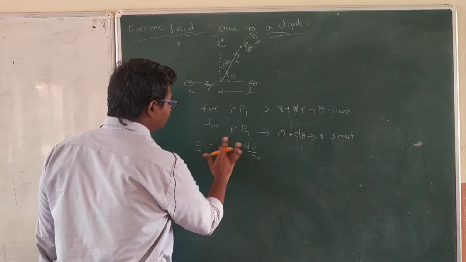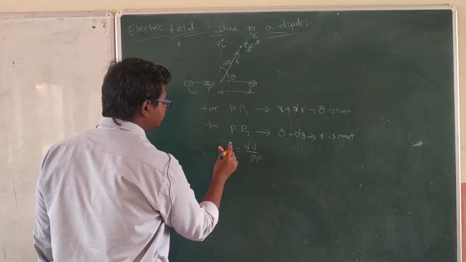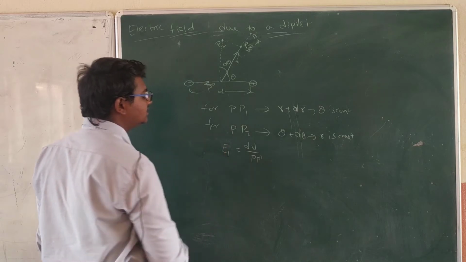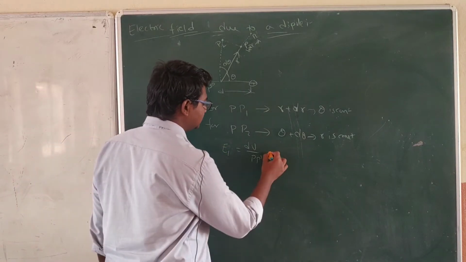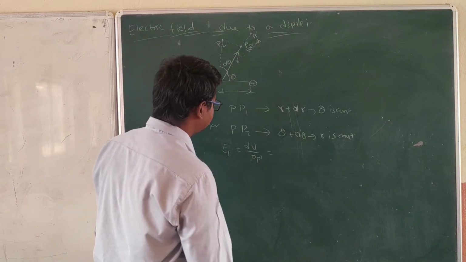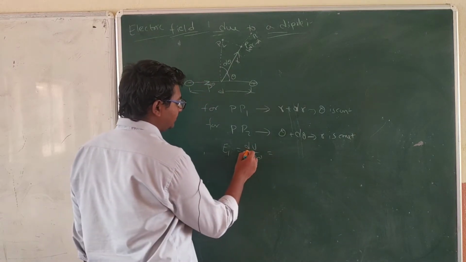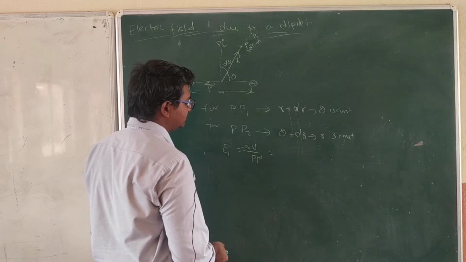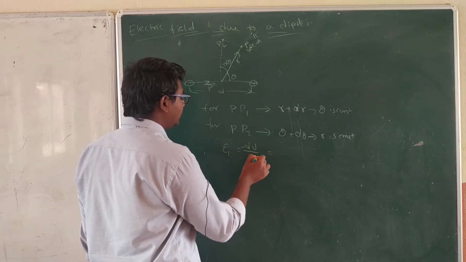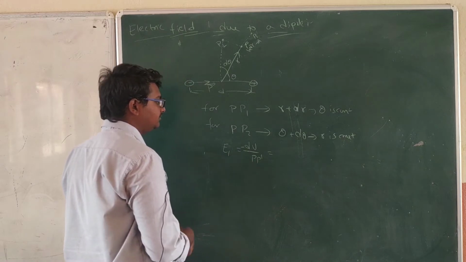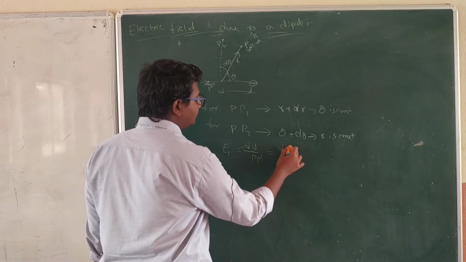No need to consider the other one. E1 is equal to dV by PP dash. The negative sign is compulsory because the relation has a negative sign. E1 is equal to minus dV by PP dash.